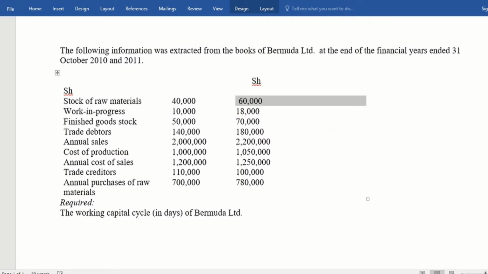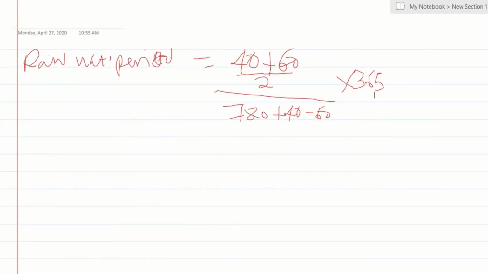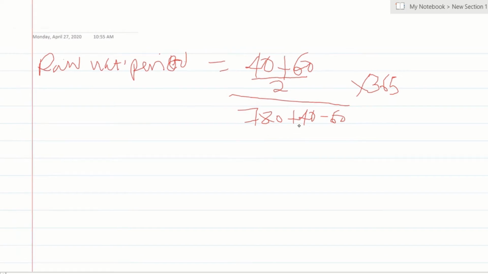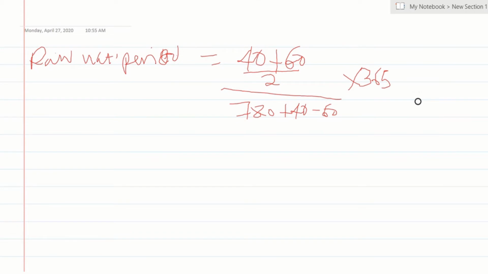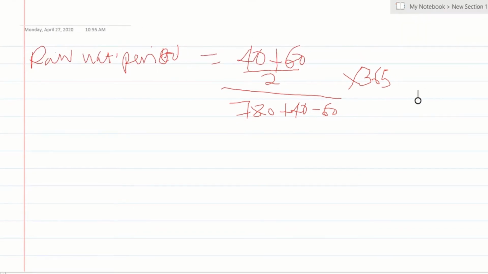That will give us the usage of materials. So, let's get the answer. You can confirm using your calculators. The answer is actually 24.01. 01 what? Days. Everything that you compute here will be in days.